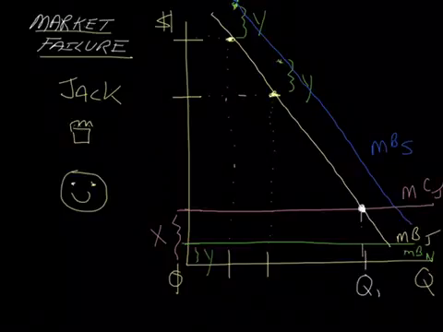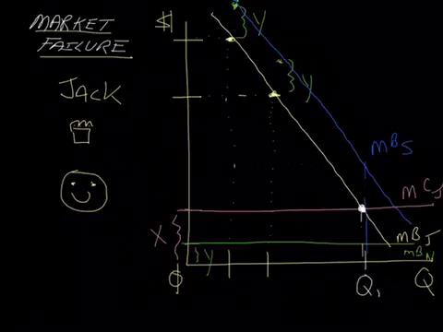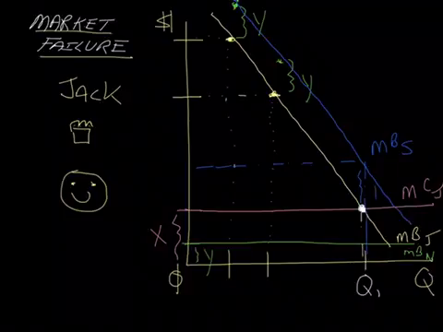And if we take a look at that initial equilibrium where Jack had stopped producing muffins, the Q1, and we trace it up to the marginal benefit for society, we see that there is still positive value in proceeding to create another batch of muffins.